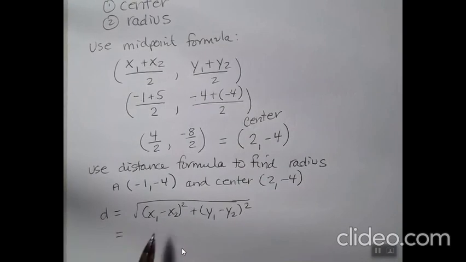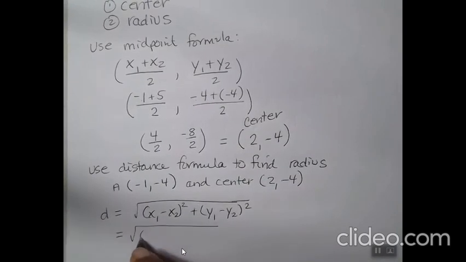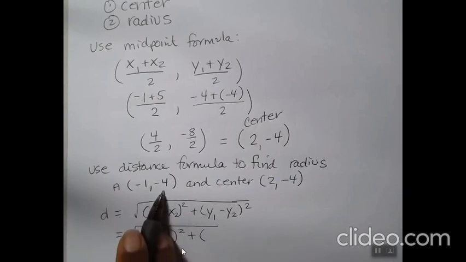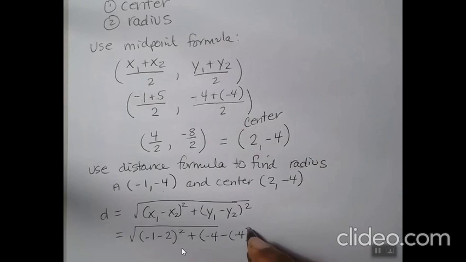Filling in our blanks, we get the square root of -1 minus 2 squared plus -4 minus -4, also squared, all under the square root symbol.